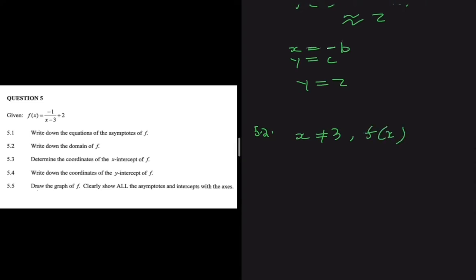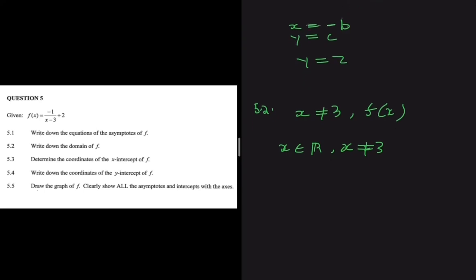So the domain of f of x is: x can be an element of any real number, but just not 3. That's all we need. If you plug in any number into f of x, you're going to get a corresponding y except at 3. So x is an element of the real numbers, except at x equals 3.